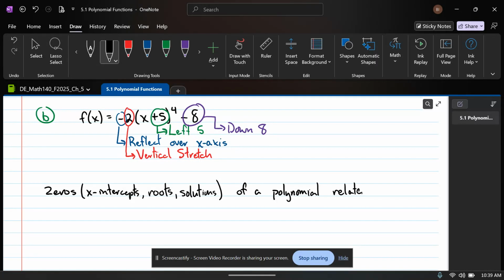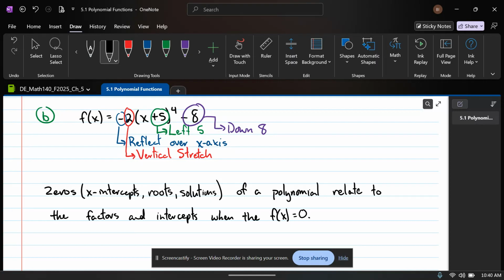Relate to the factors and intercepts when the function equals 0.